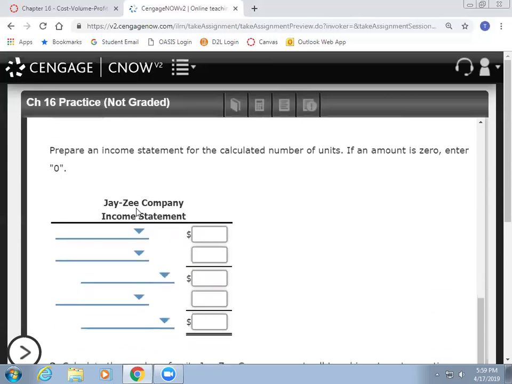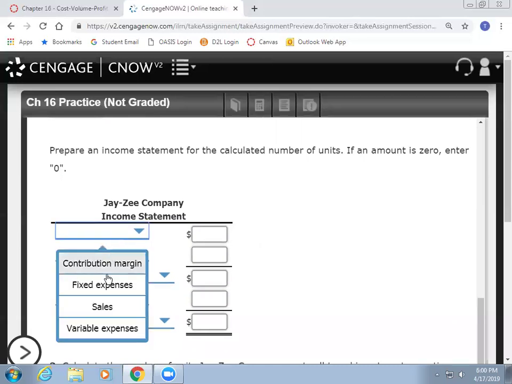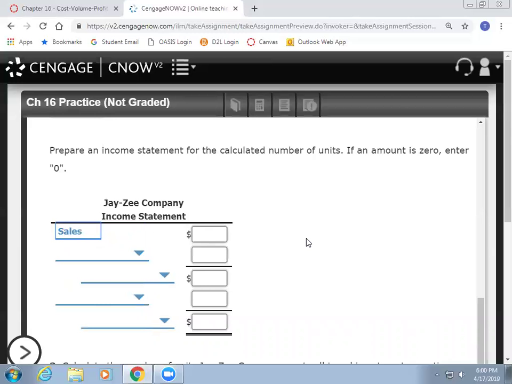So that's important. Then they just want us to prepare an income statement showing that. Again, they don't say it specifically, but we're doing a contribution margin income statement. So you would have sales. We need to use the 3,350, right? Because they want it based on the calculated number of units.